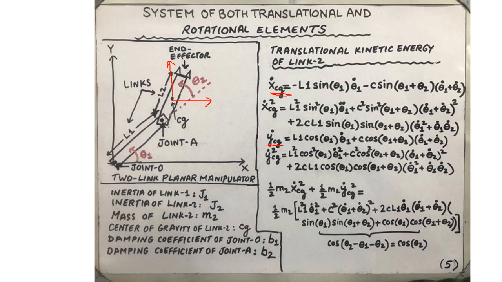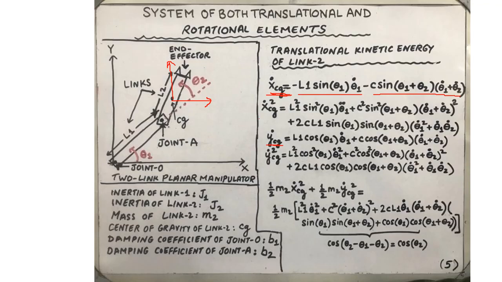Therefore, when we take the time derivative of xcg, apply the chain rule to get minus L1 sine theta 1 multiplied by theta 1 dot, minus c sine theta 1 plus theta 2 multiplied by theta 1 dot plus theta 2 dot.